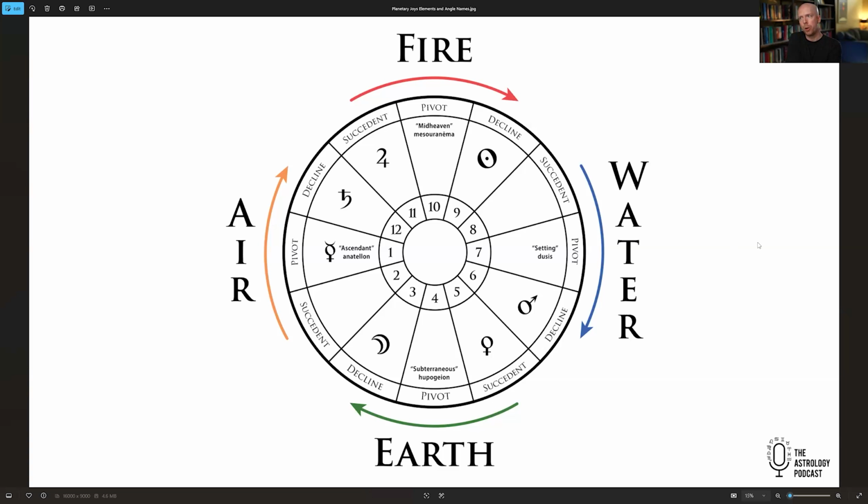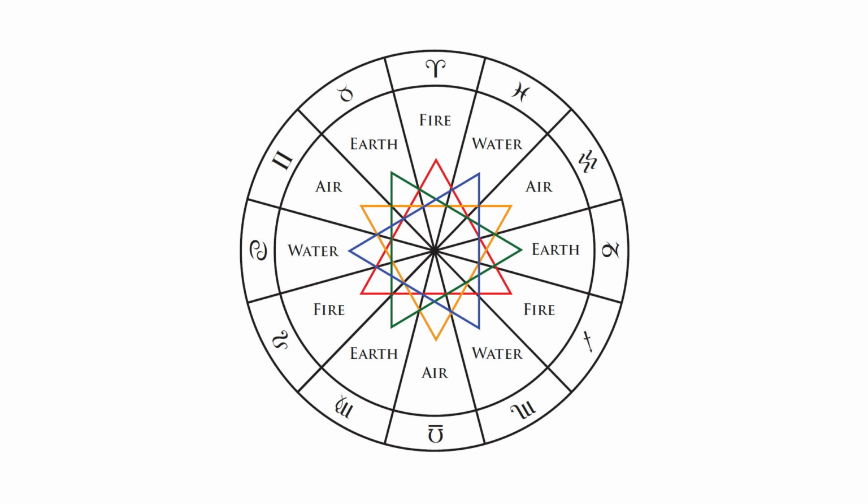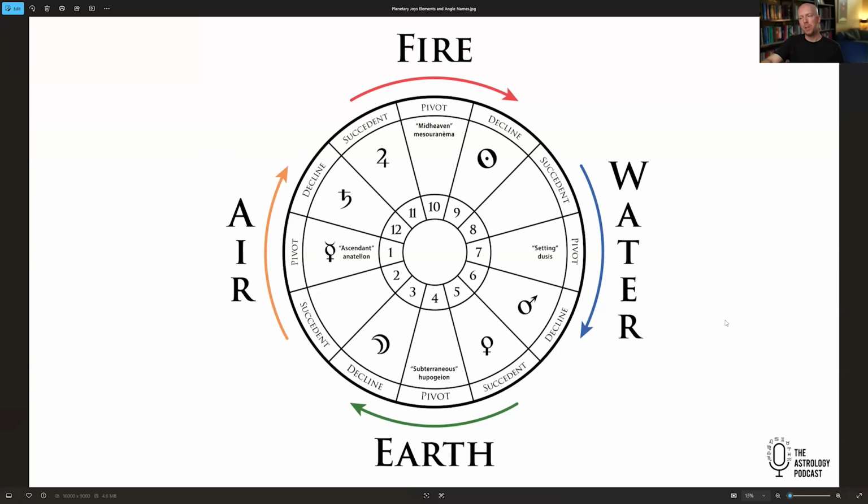But I took it a step further and pointed out in that paper in 2012 how this actually embeds and becomes the source for assigning the four elements of Greek philosophy to the triplicities in the zodiac, because implicit in this is the notion that the planets at the bottom of the planetary joys scheme, especially the Moon and Venus, are associated with the element of Earth, and they are opposite to the two planets at the top, which are the Sun and Jupiter, which are associated with the element of fire.